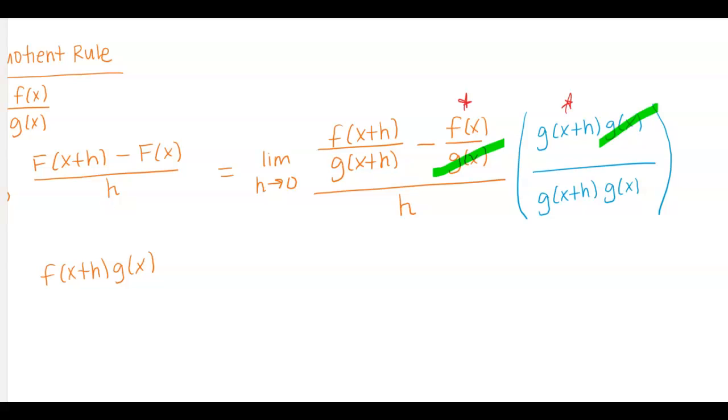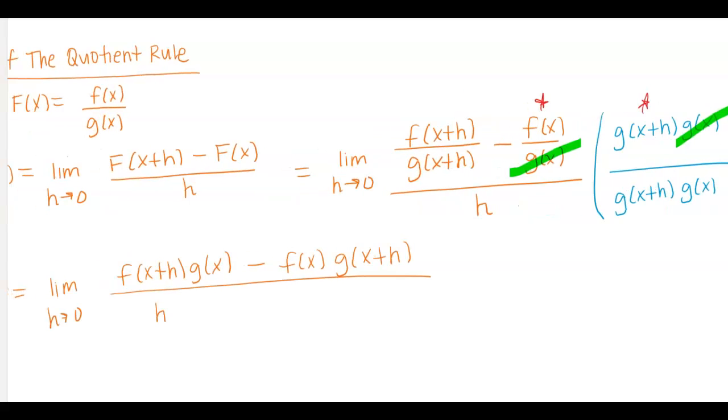So I'll write that here. That'll be minus f of x times g of x plus h. And then what has happened now is that the denominator has gotten more complicated because I've multiplied it by the two denominators that were in the numerator of the larger fraction. Okay, I think this is right.